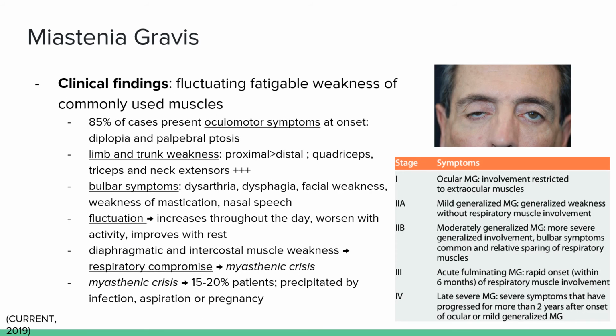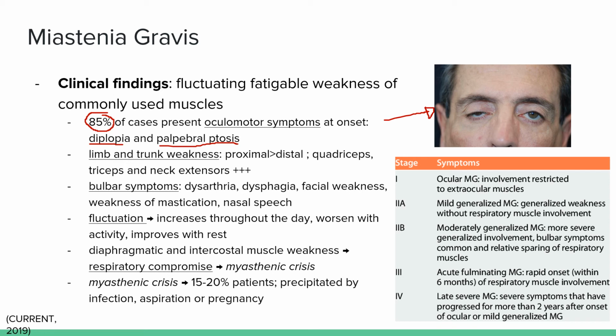Myasthenia gravis is characterized by fluctuating fatigable weakness of the most commonly used muscles. 85% of cases present with oculomotor symptoms at onset, like diplopia and palpebral ptosis. This is because these muscles are used with great frequency.